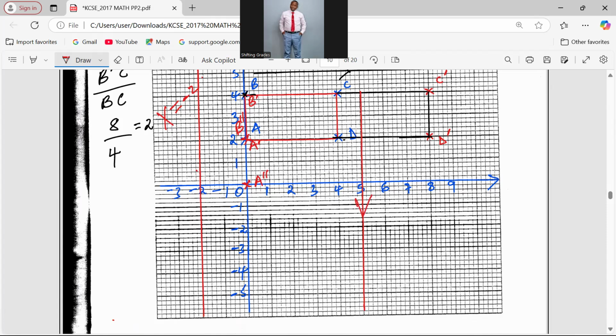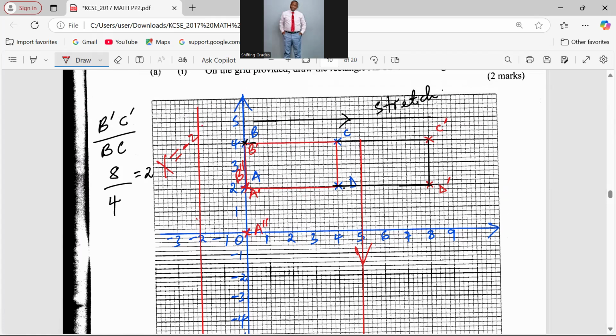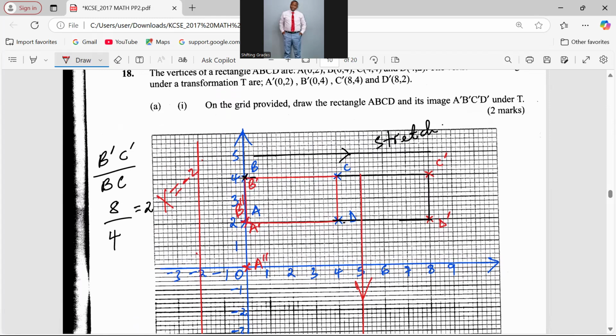But now that we have the invariant line, something that we are supposed to know is that the area will not change. During a shear, area is invariant.